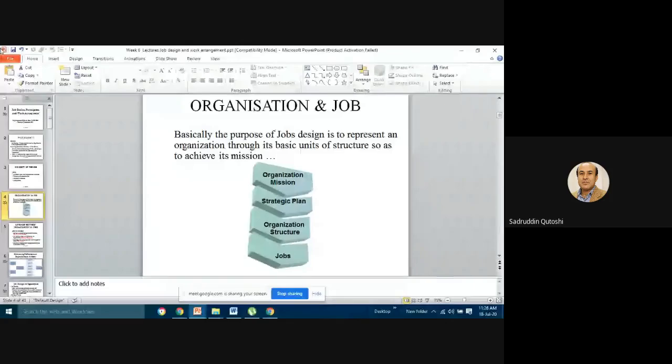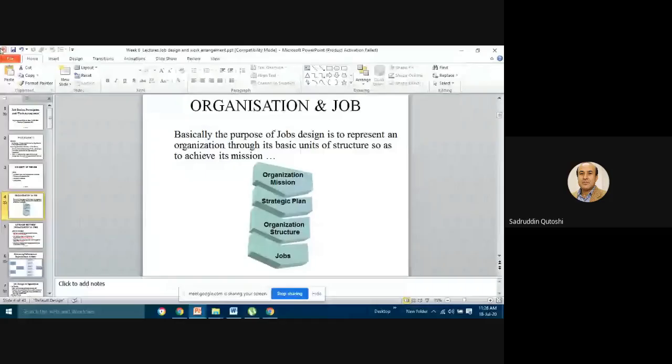So an organization is recognized through different natures of jobs in that organization.